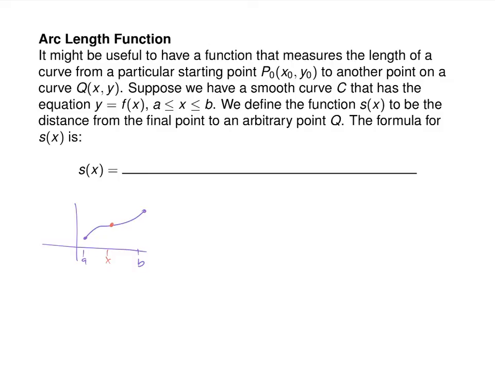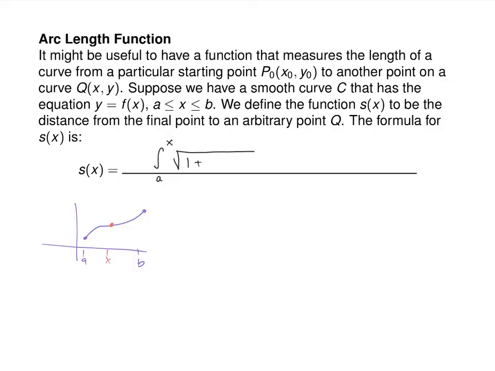So instead of integrating from a to b, I'm going to integrate from a to x. So a up to some random point. And then you have to use a different variable inside of your integrand.